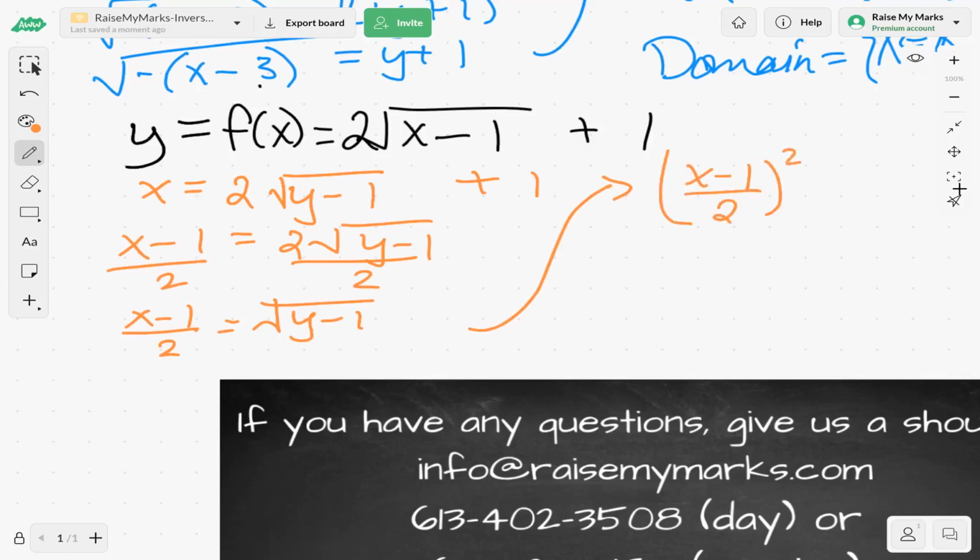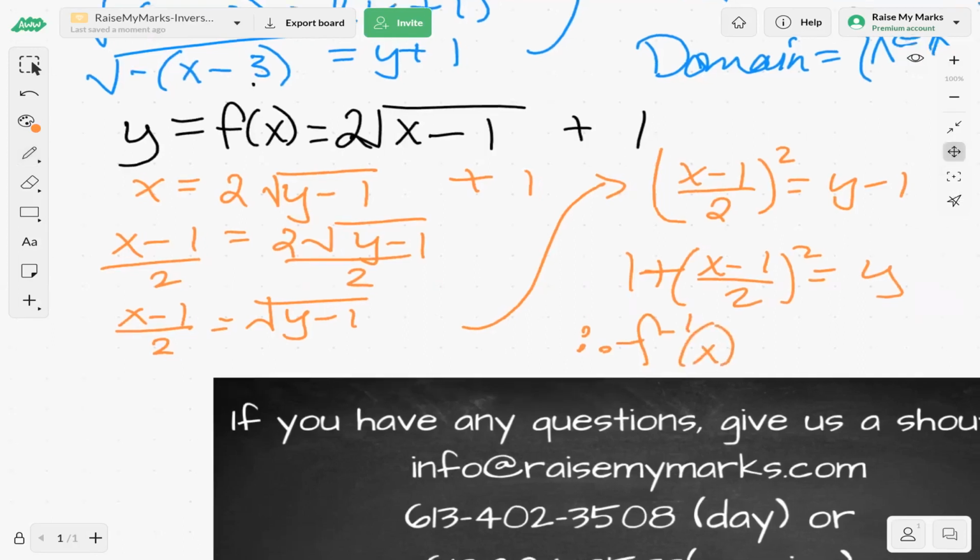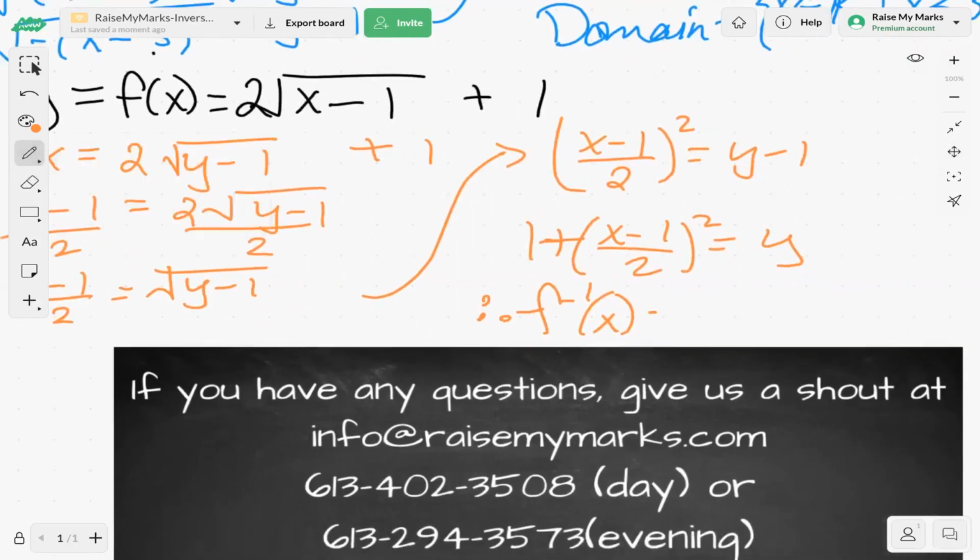So to remove a square root, we take the square of both sides. And then finally, we add 1 to both sides. Okay, so therefore, our inverse function equals 1 plus, x minus 1 over 2, all squared. Good.